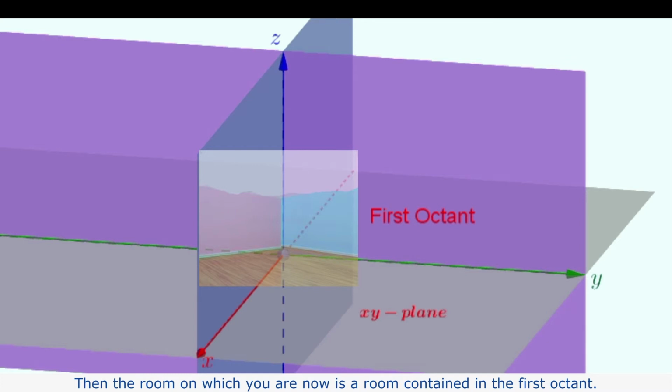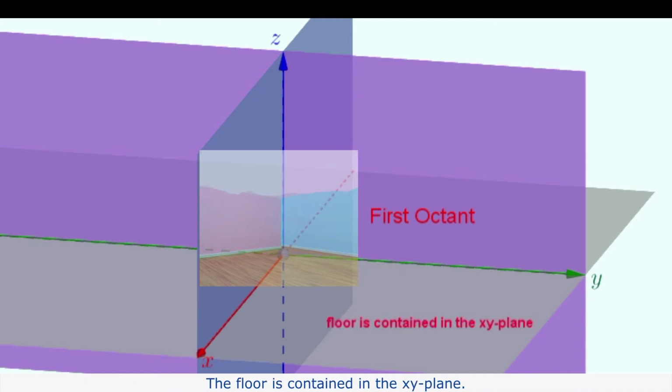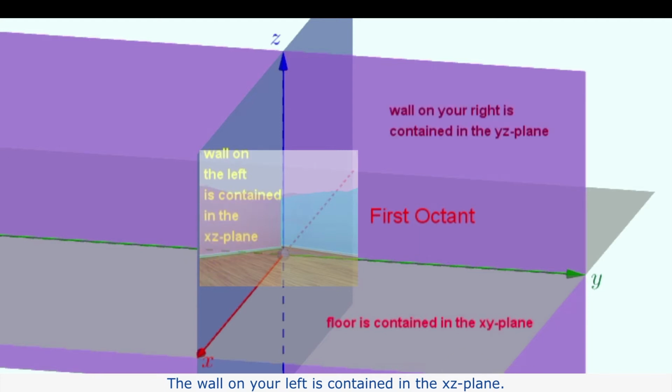Then the room in which you are now is a room contained in the first octant. The floor is contained in the xy plane. The wall on your left is contained in the xz plane. The wall on your right is contained in the yz plane.